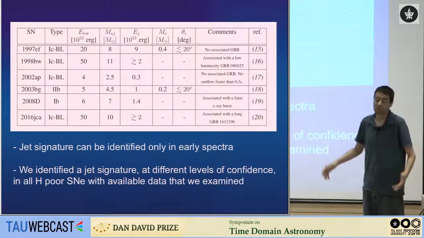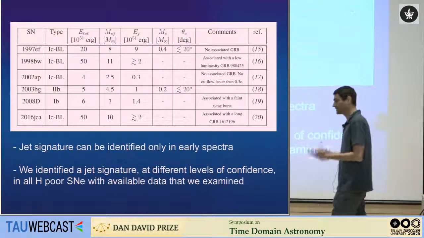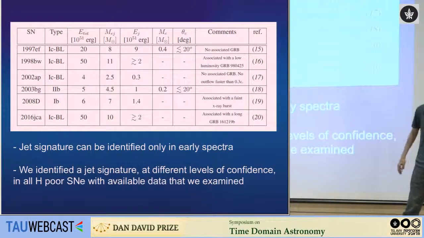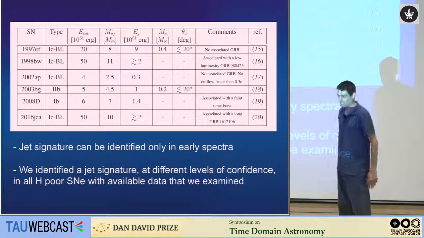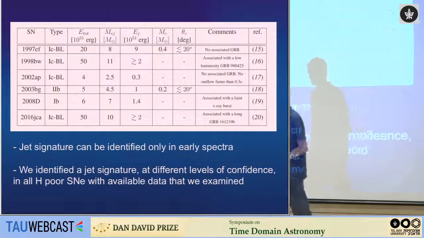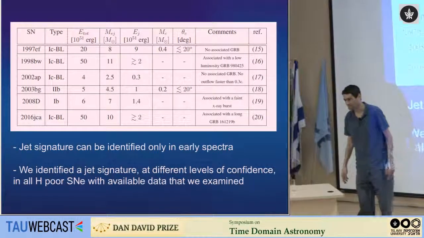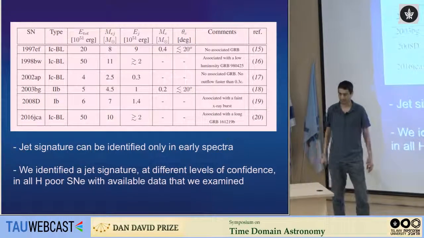Now, if this is true, then I think we need to rethink what the explosion mechanism is. It's not trivial. With neutrino-driven explosions, which are the favored explosion mechanism for supernovae, we cannot get relativistic jets.